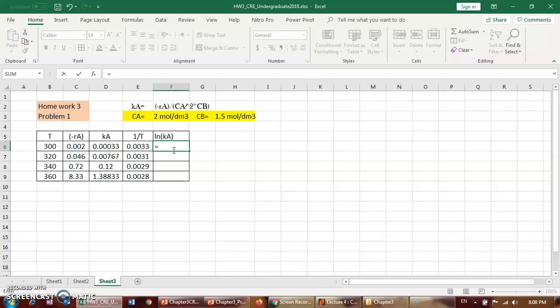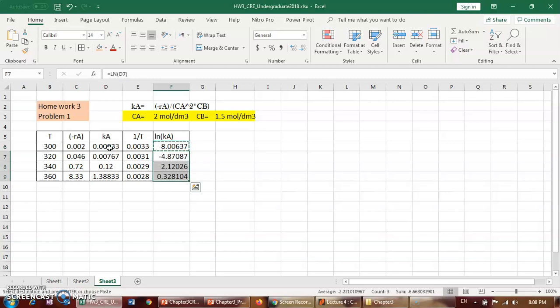It will be equal to ln of this Ka value column, right? And we have our value. We have a negative sign for that because it is less than 1. Okay, we have a very big value here. Let's see. We need to plot it first, and then we can see whether everything works fine or not.